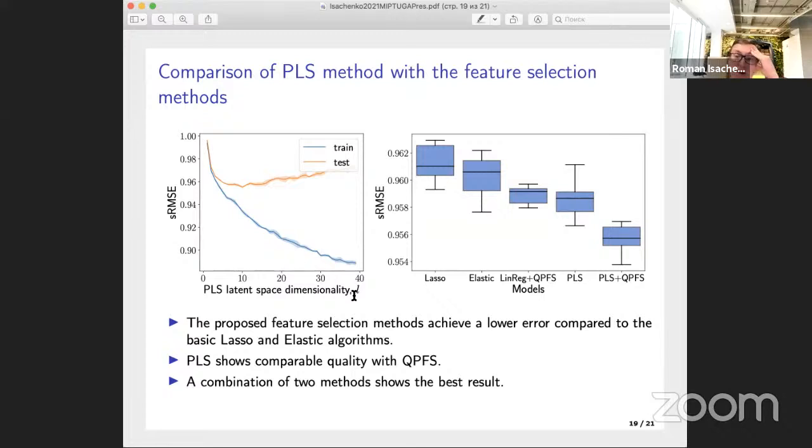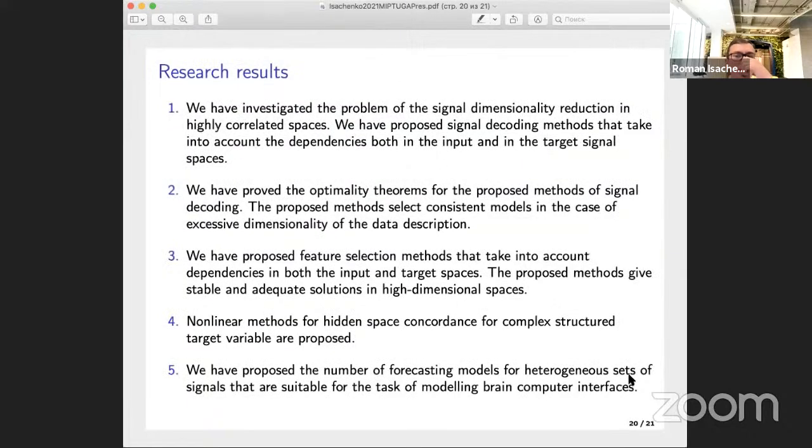And the proposed methods achieve a smaller error compared to well-known methods such as lasso and elastic net. The best result is achieved by a combination of two approaches. It's PLS plus CubeFS.